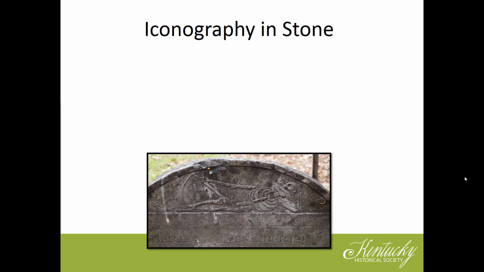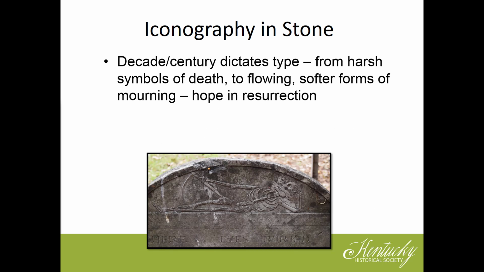Now we're going to look at the iconography in stone. So the decade or century of the stone's creation is going to dictate what type of imagery you're going to see. From the 17th and 18th centuries, we get harsh symbols of death that include skeletons and skulls with wings, reminding everyone that death is right around the corner and that time is so fleeting.